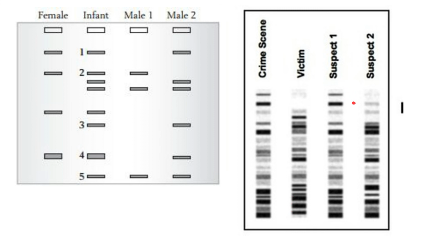But now, could it be suspect 1 or suspect 2? As you look here, this DNA sample is really suspect 1. And this can end up being a form of evidence to say, all right, we got some DNA from this suspect at the crime scene. So you were there at some point.